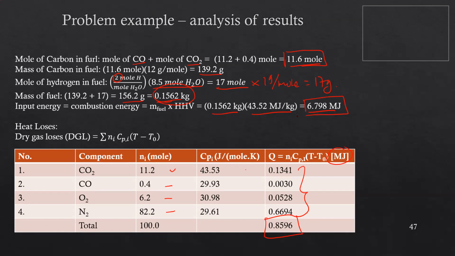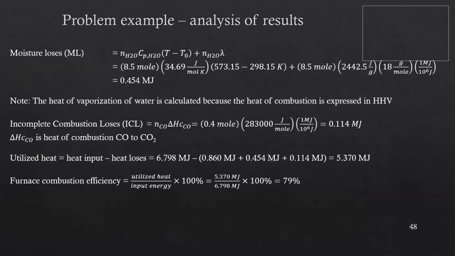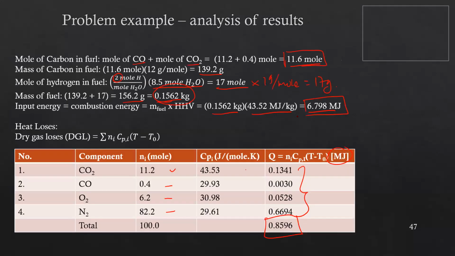Okay, so once we calculate the dry gas losses, we can move on to the moisture losses, which can also be calculated using a formula. There are actually several ways to calculate the moisture losses and dry gas losses.